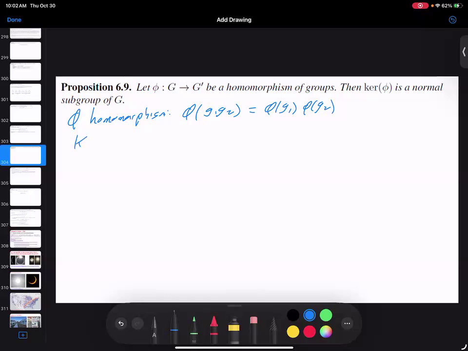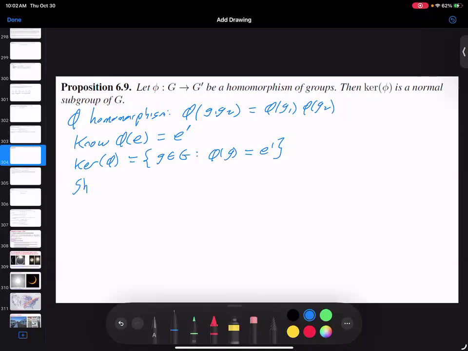And we know phi of the identity goes to the identity. So the kernel of phi is the set of all g in G such that phi of g goes to the identity. We want to show that this is a normal subgroup.